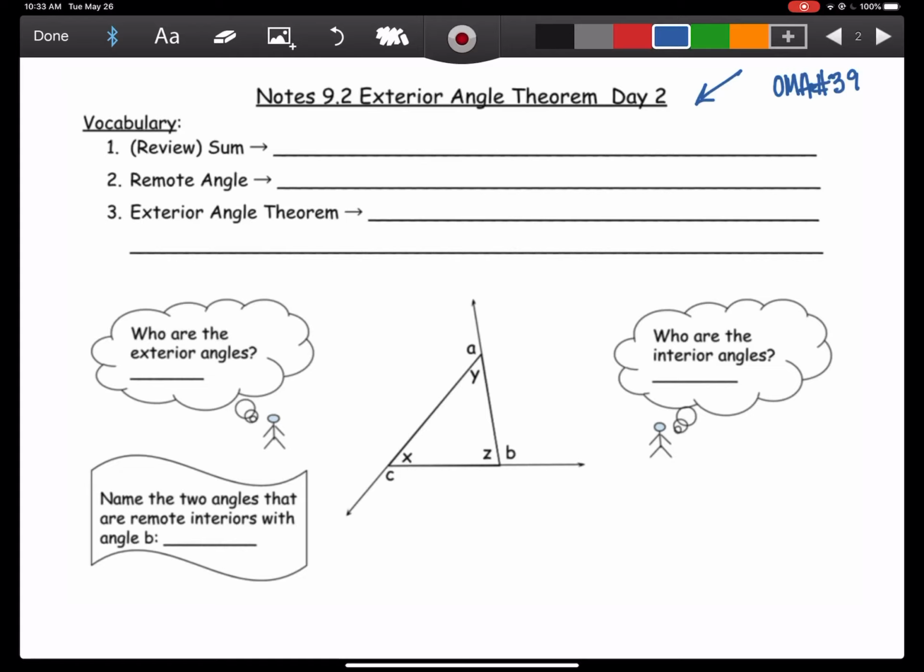So notice that number 1 says review, right? Because we all know what sum is, and in case you forgot, that's why we're reviewing it. So sum is the answer you get when two things are added.